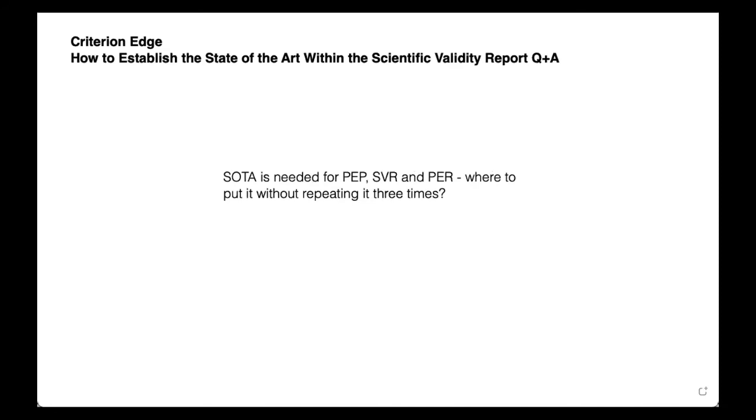Yeah, it will feel somewhat repetitive, just based on our CER and CEP experience. The way I'm thinking about it, though, is that in the Scientific Validity Report, the state of the art is designed to tell you that association, to make that connection and to describe how that association is done.